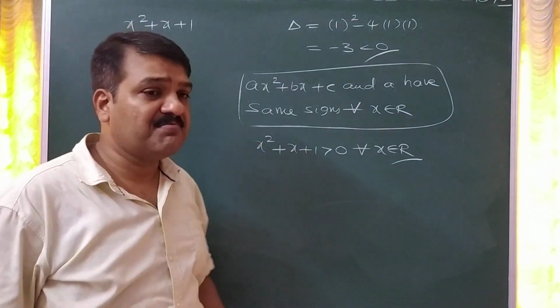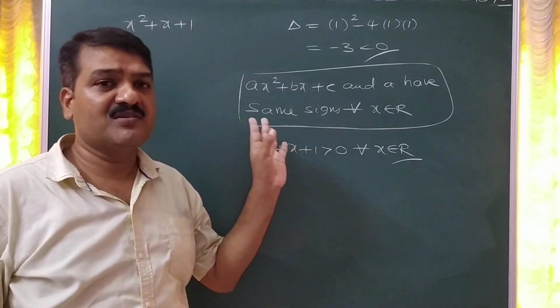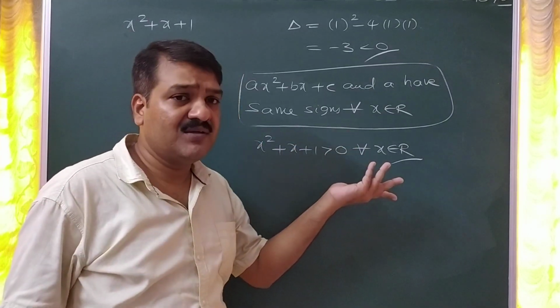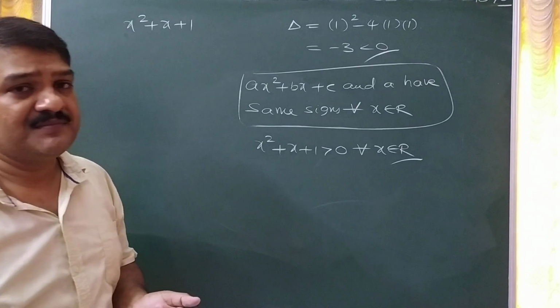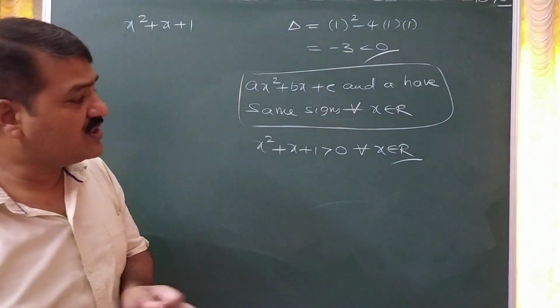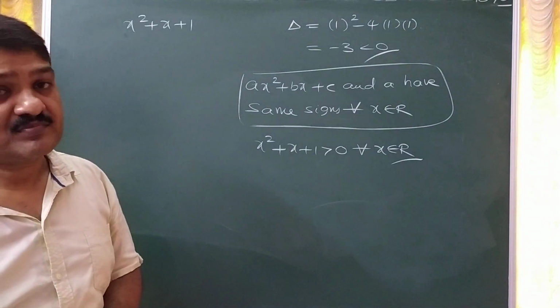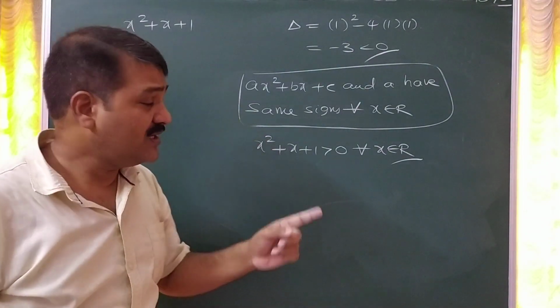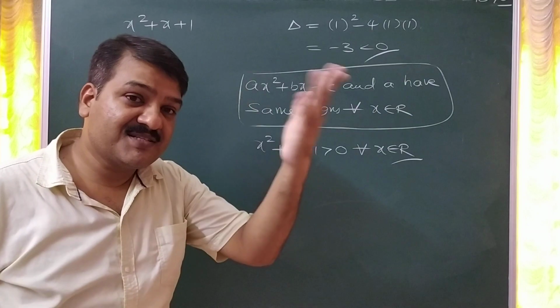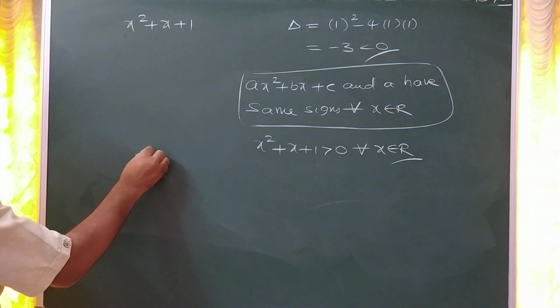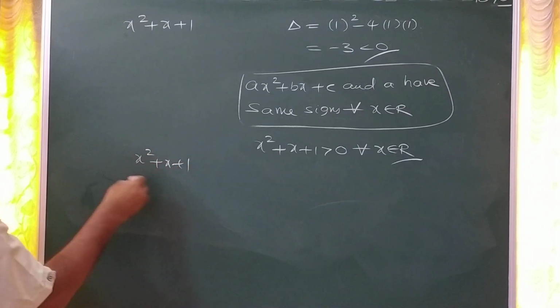It is always positive for any x belongs to R. You substitute any value, you will get positive only. So without even substituting a number, you can say this is going to be positive. I can actually show this by extreme values, maximum and minimum values also. See, x square plus x plus 1.